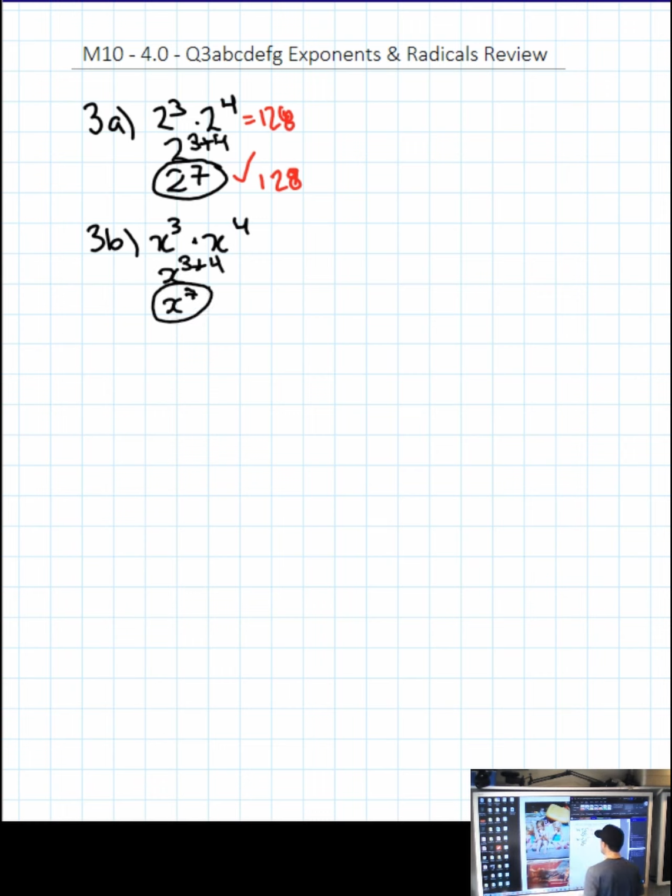Now, how could we check our answer? Well, we could take a random value, like x being 3, and we could substitute it into the question.